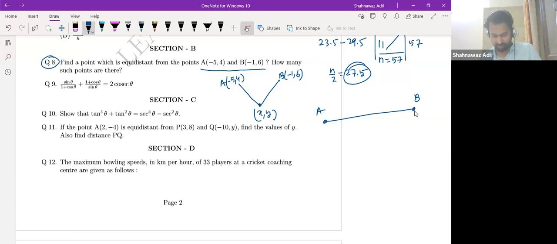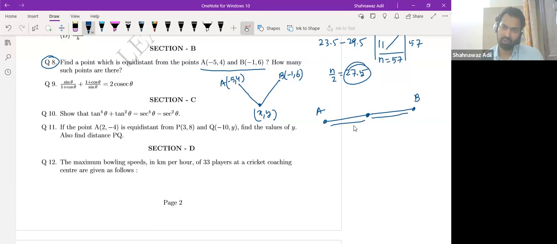What is the point that is equidistant from this A and B point? Midpoint, right? So if I have a midpoint, then this would be equidistant from this one and this one, right? So this was one clever answer.